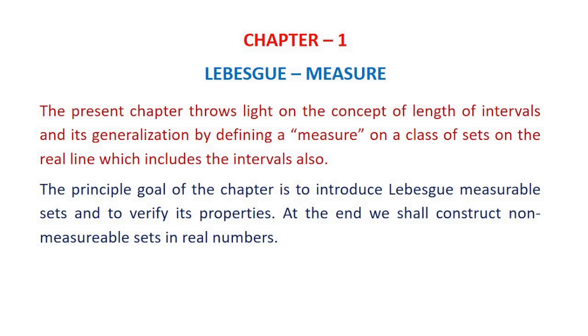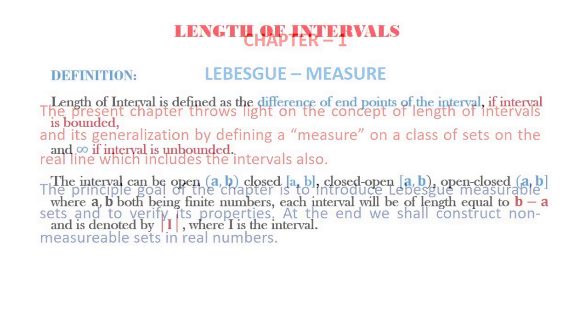It will remain as it is, but we will be able to define the measure of a set by the end of this chapter. The principal goal of the chapter is to introduce Lebesgue measurable sets and to verify their properties. At the end, we shall construct non-measurable sets in real numbers. So this is the goal of our chapter. Let us start the chapter.